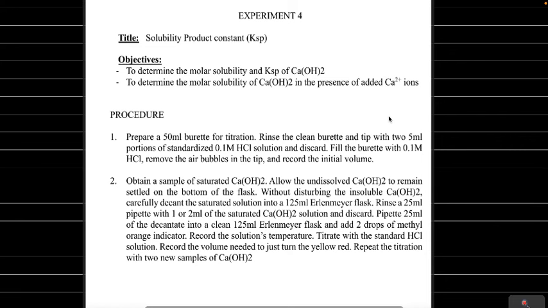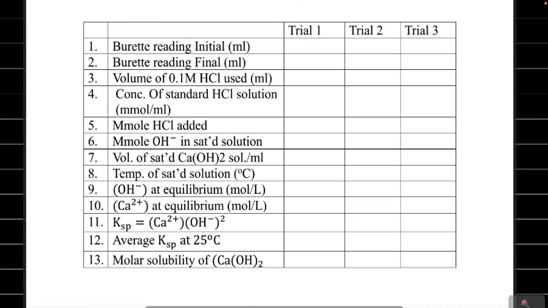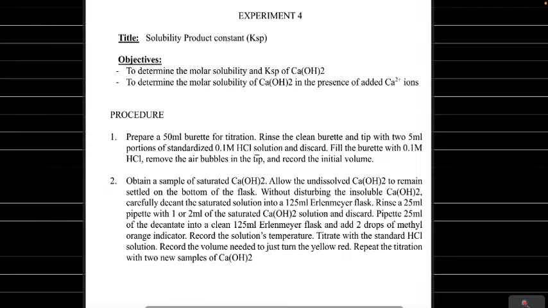Now let's look at the next page so that you understand much better. Look at this: the concentration of the HCl, which is this one, they gave us in the question to be 0.1 molar.